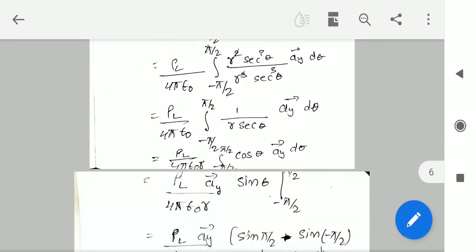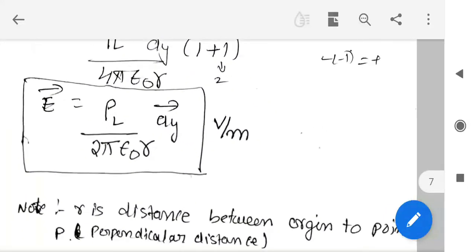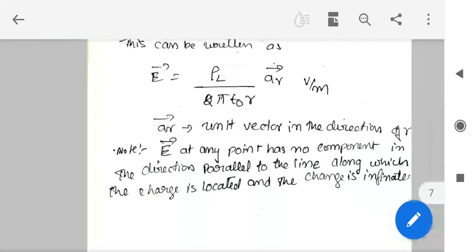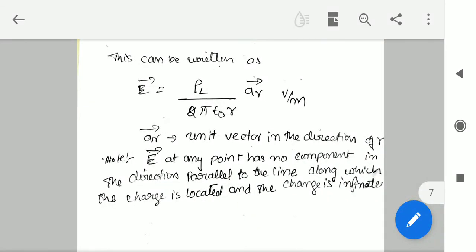In the direction of the perpendicular distance, we have AR. So E is rho L divided by 2 pi epsilon naught r into AR.